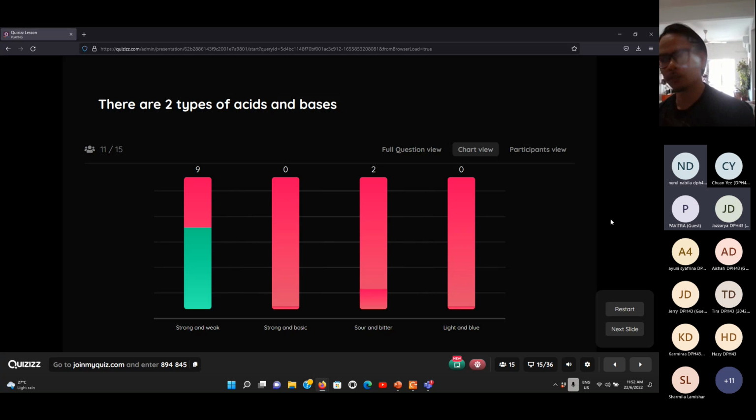I did not consider, I did not even say the words sour and bitter throughout the 2 hours, 3 hours we have been in class today. Okay, so these two people, please make sure the two types of acids and bases are strong and weak.